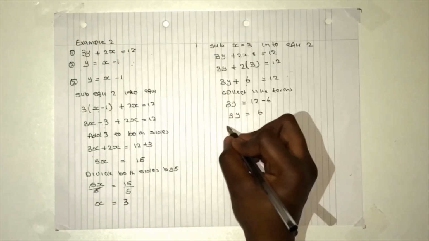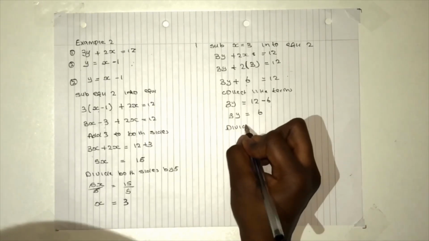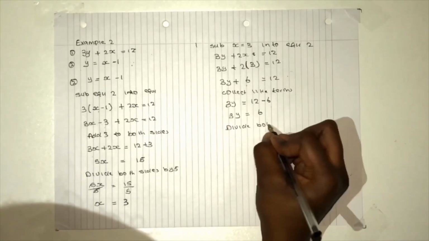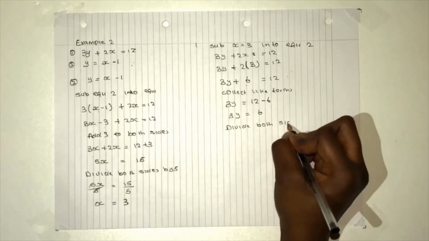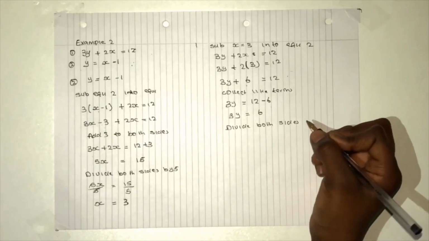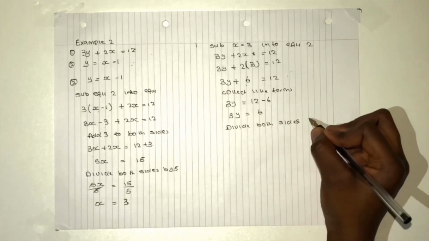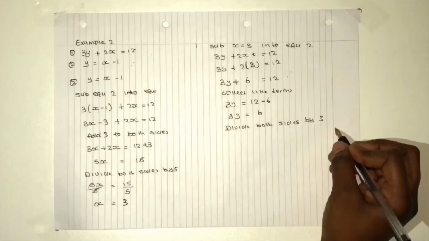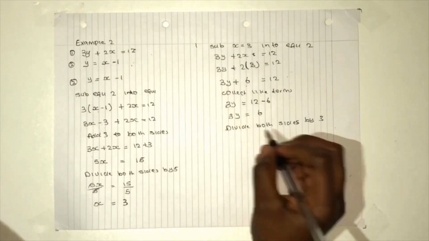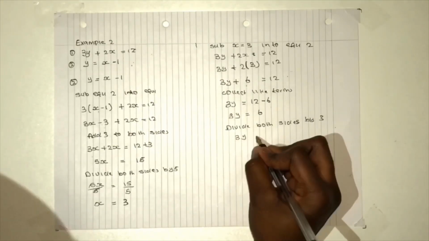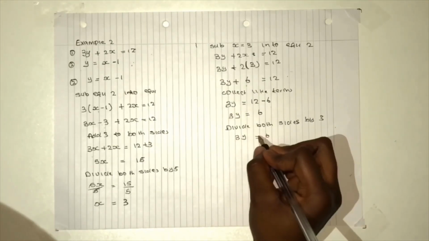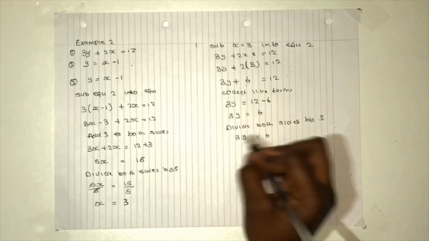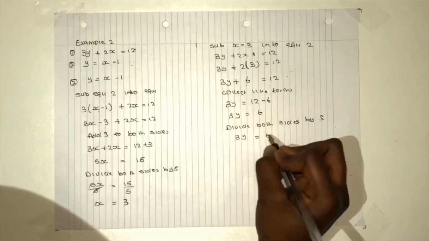Now you have to divide both sides by 3. So now we have 3y equals 6, as it's the equals that's separating both sides.